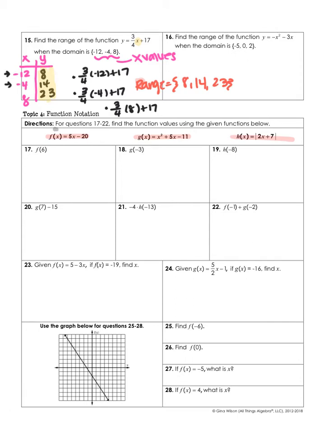It wants me to find f of 6, which means I have to use the f function. And I'm going to plug 6 in for x. So f of 6 would be equal to 5 times 6 minus 20. So 30 minus 20 means that f of 6 is 10. I'd like you to try 18 and 19 on your own.